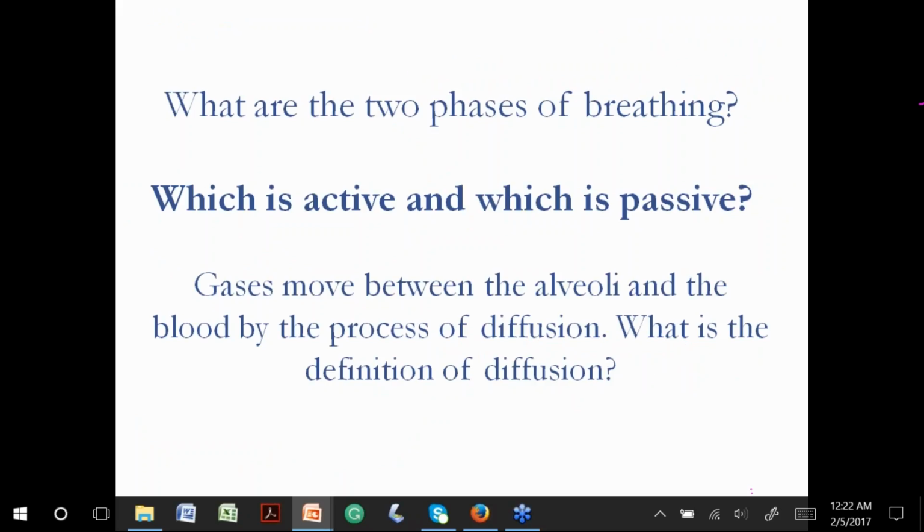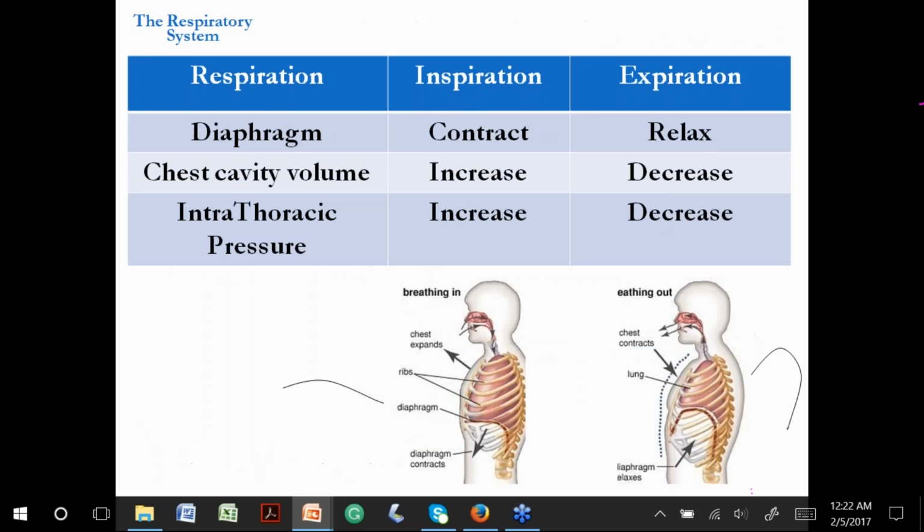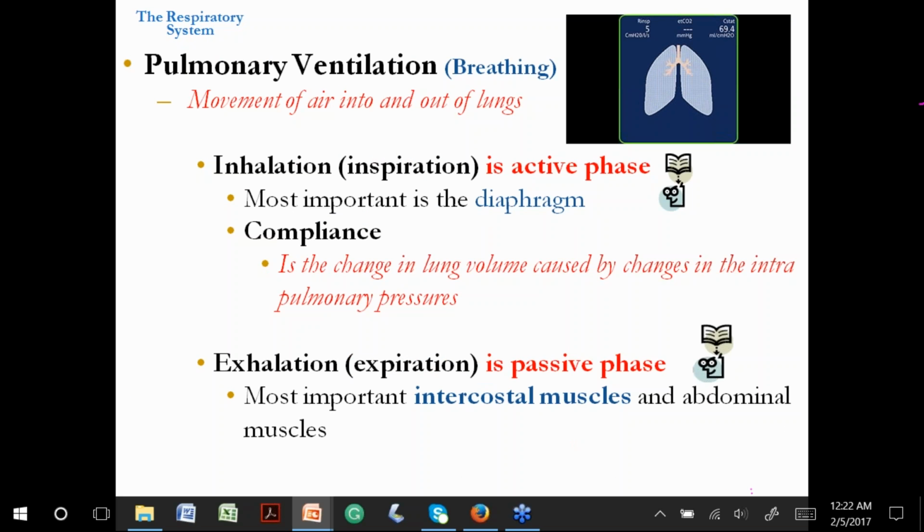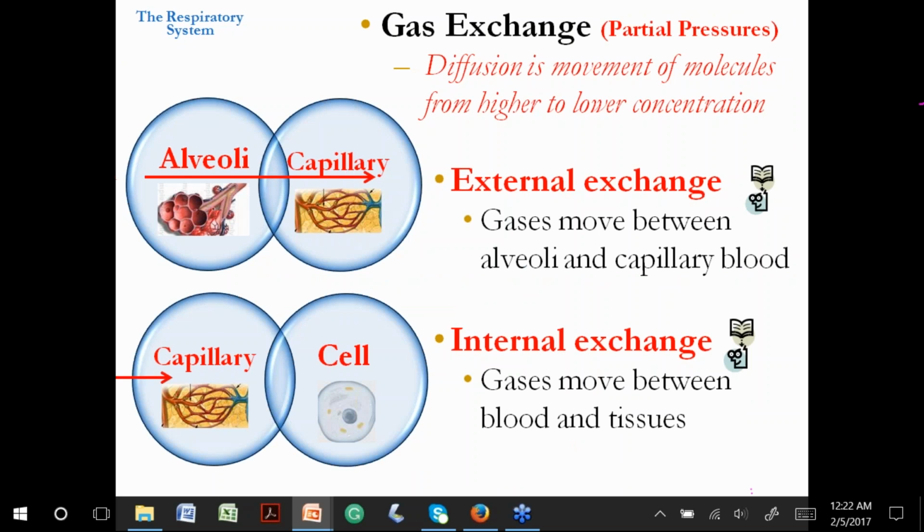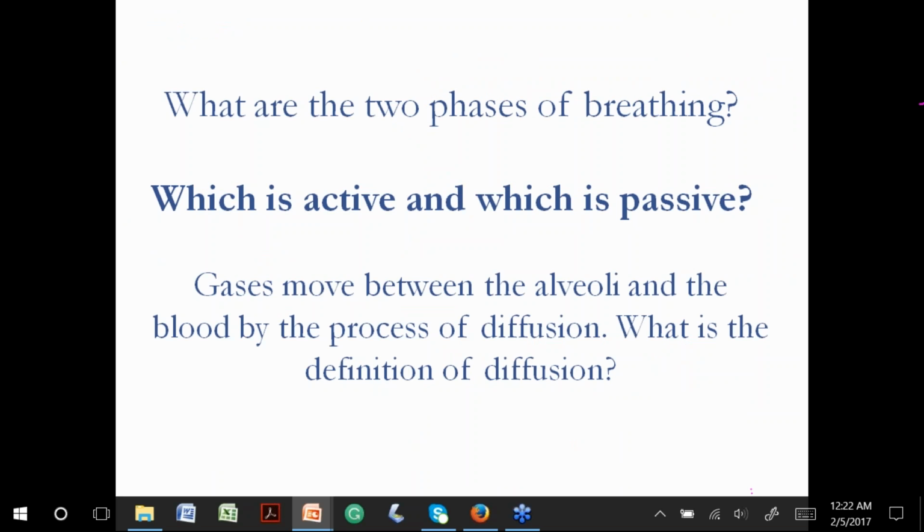So what are the two phases of breathing? You already know: inspiration and expiration. Which is the active and which is the passive? You already know that the passive is the exhalation and the inhalation is the active phase, right? Okay, gases move between the alveoli and the blood by the process of diffusion.